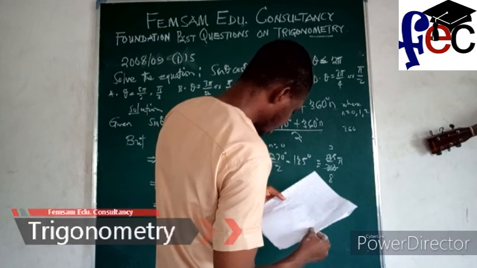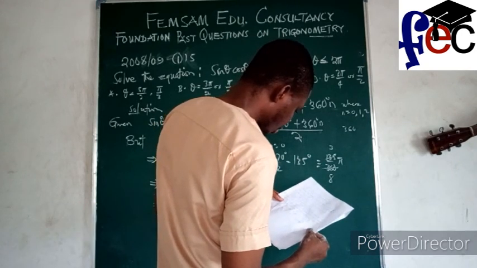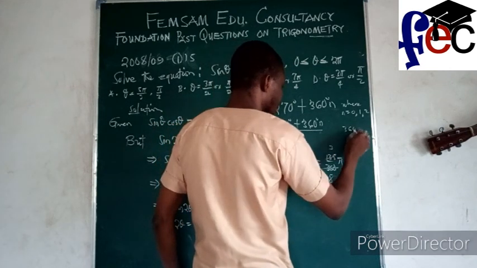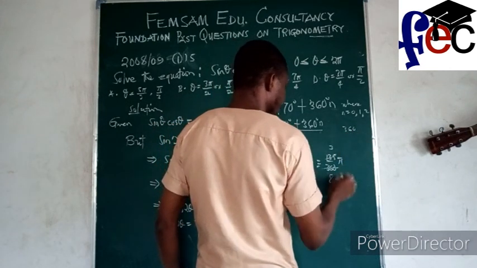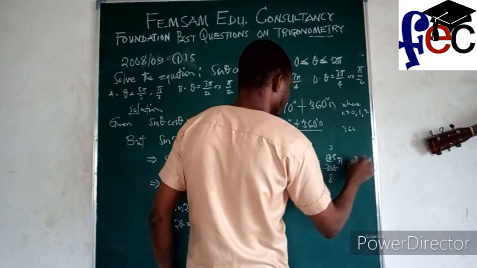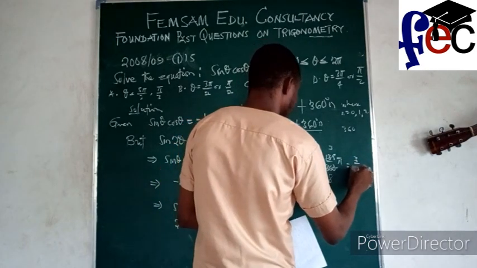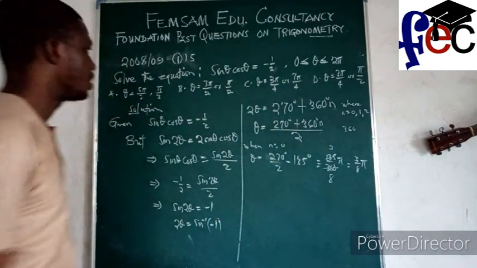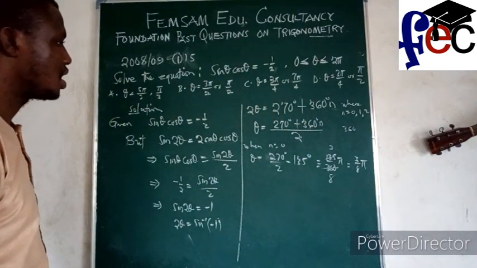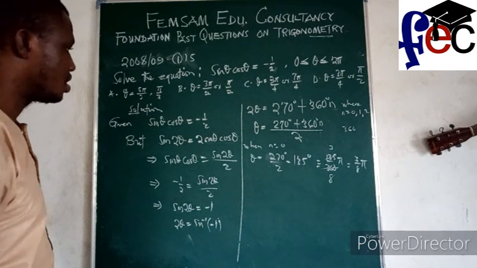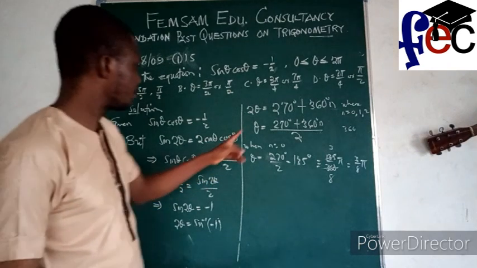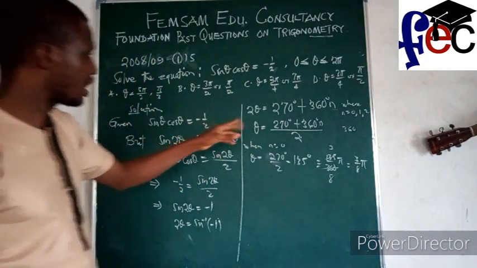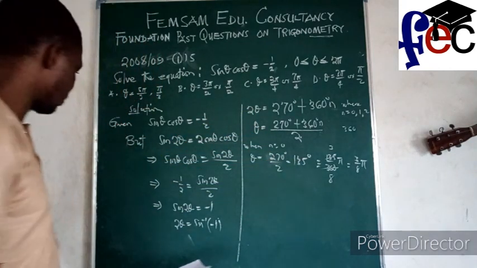I'm trying to check the result. Okay, so that's going to be 3 over 8 pi. I'm afraid though, I'm trying to check if it looks like something should cancel out there.